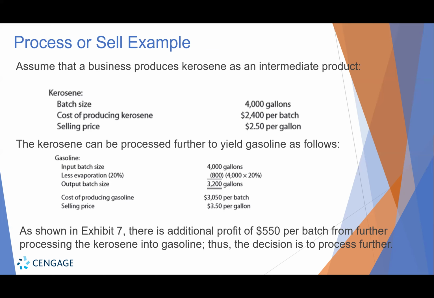But to produce that 3,200 gallons of gasoline is going to cost us $3,050 per batch. And we will then be able to sell it for $1 more per gallon. Hence, it's only 3,200 gallons versus 4,000 gallons.